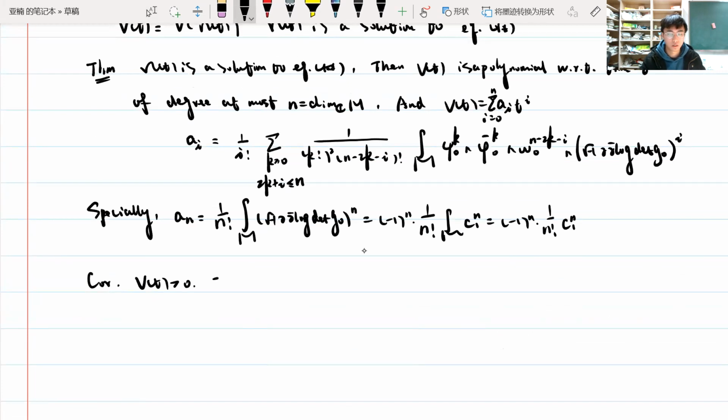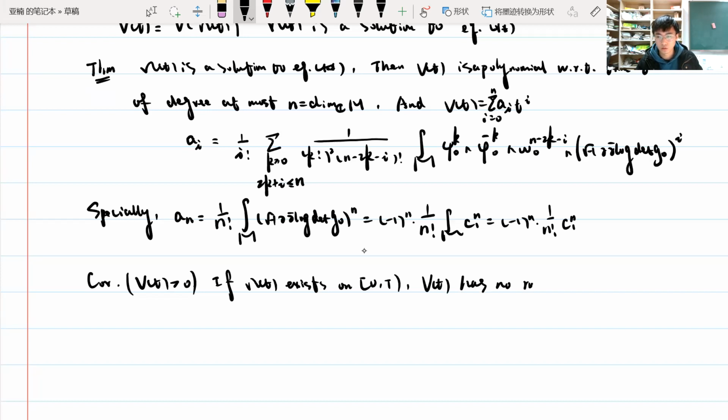So if the solution exists, then V(t) can be defined on this interval, but because it is always positive, it has no root.